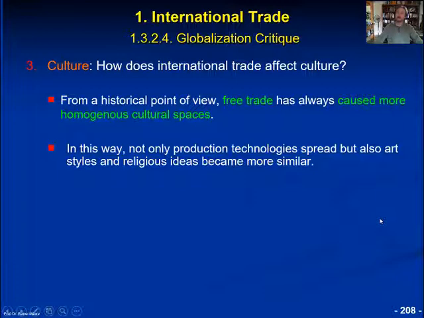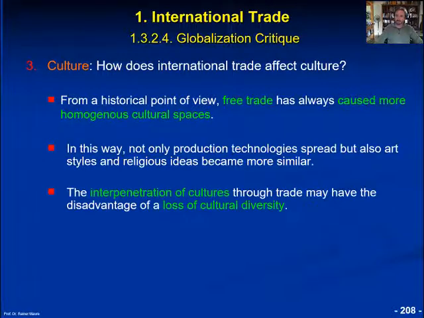In this way, not only goods and production technologies spread, but also art styles, and religious ideas became more similar. This interpenetration of cultures through trade may have been a disadvantage in terms of a loss of cultural diversity.